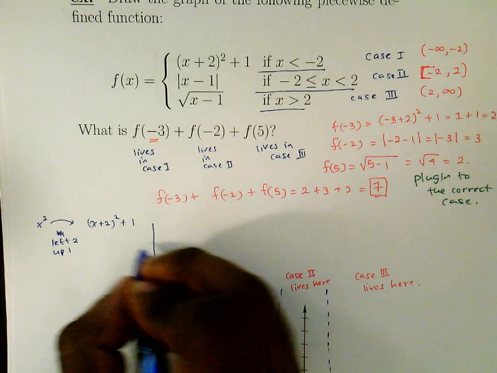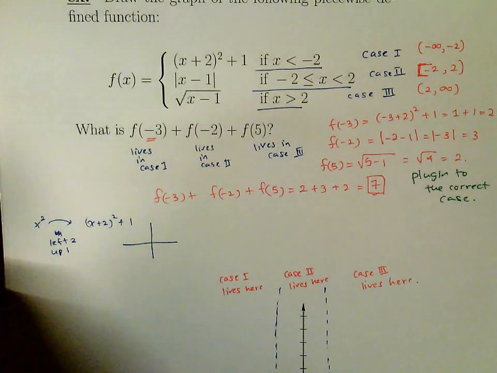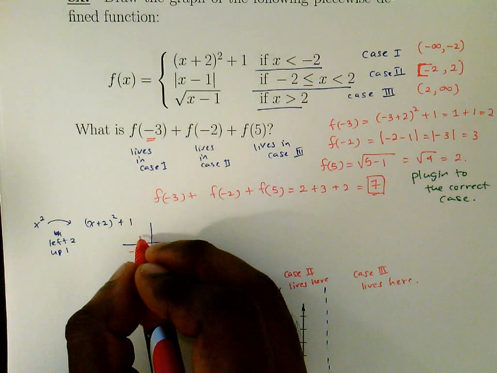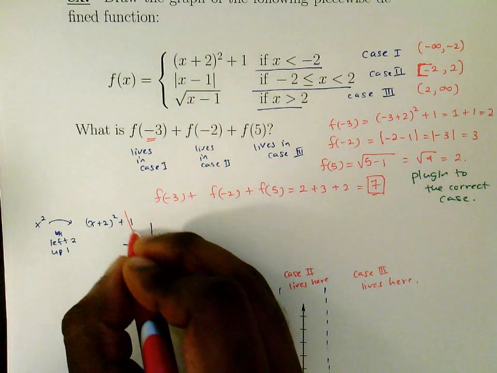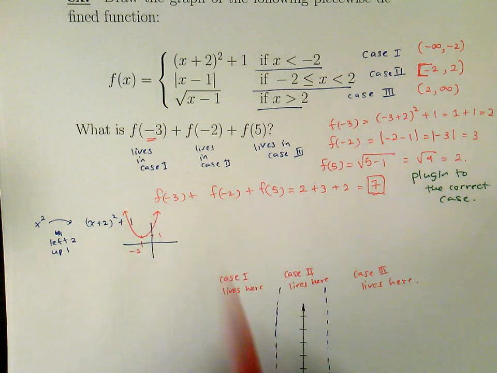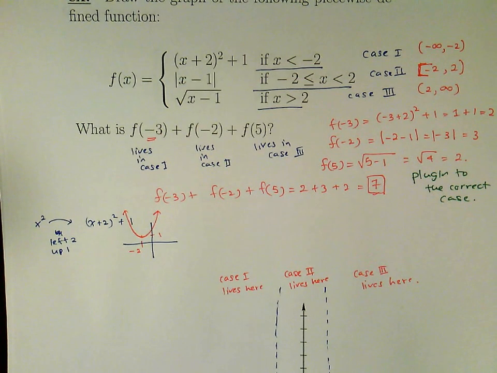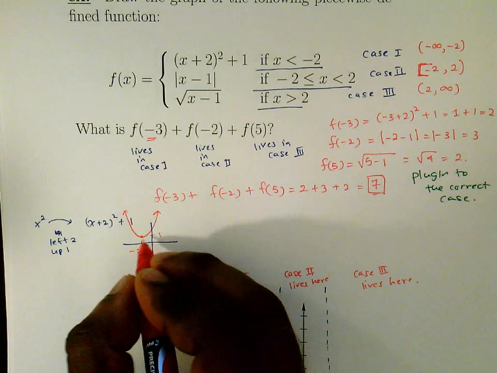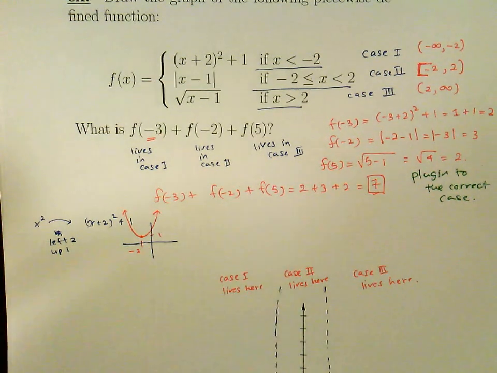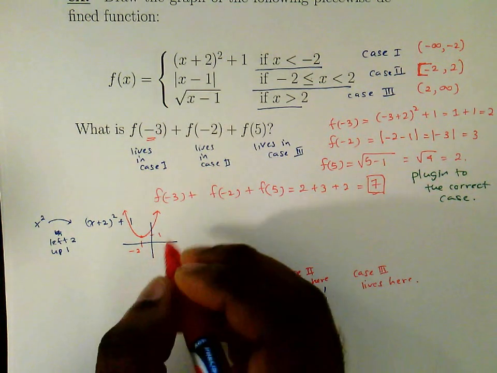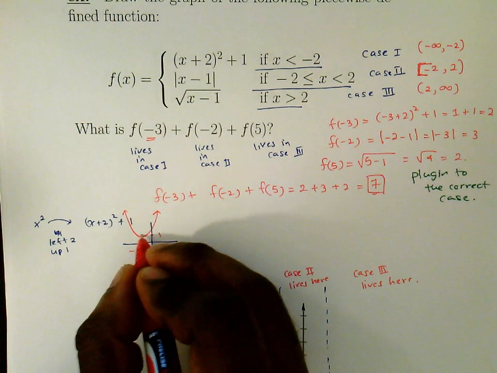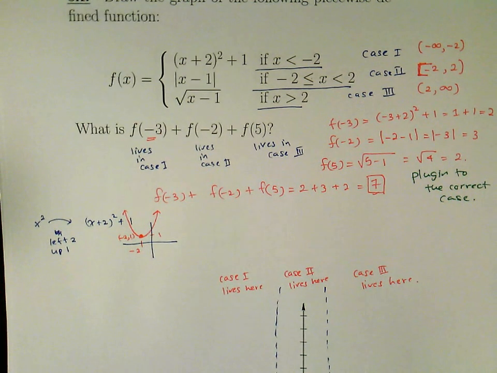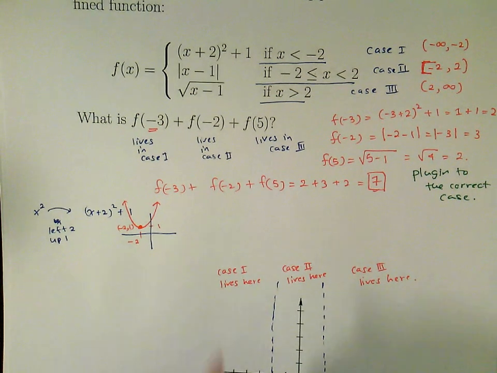So the graph in its entirety would look like left 2 and up 1, something like this. This point is negative 1, that point is plus 1. So this point is negative 2, 1. Okay, so that's the first case.